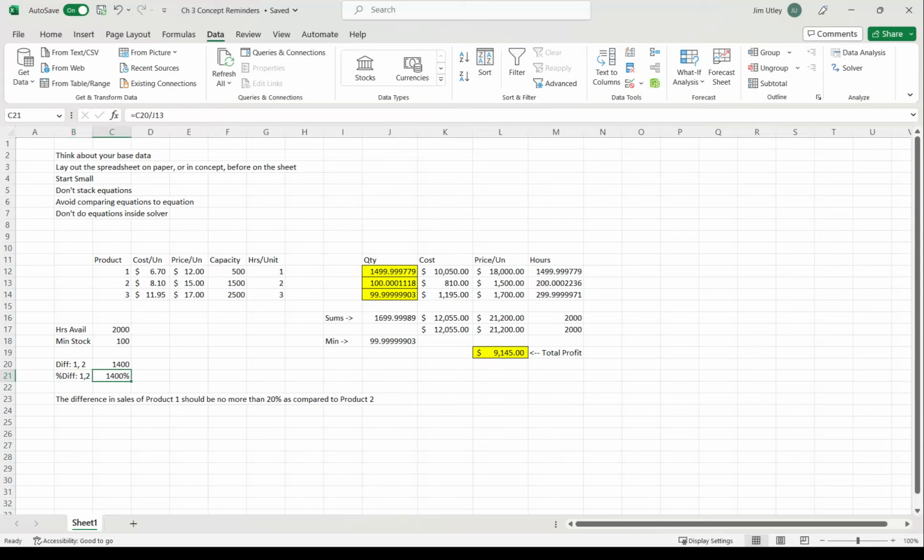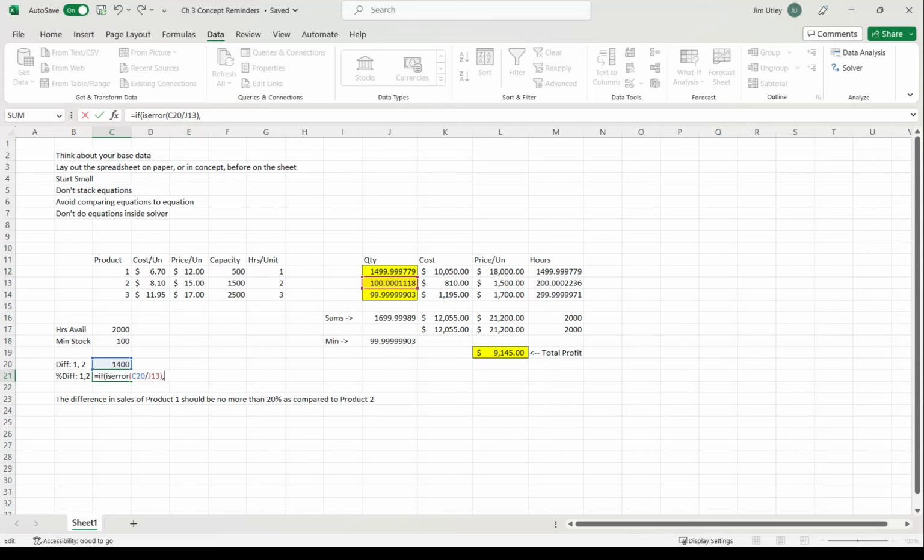Now there is the possibility that anytime you have division, it's going to cause a divide by 0 error. So in my case, I'm going to include the IFERROR formula, which I frequently use to do this. I'm going to say if C20 divided by J13 gives me an error, I'm going to return the number 1 instead.